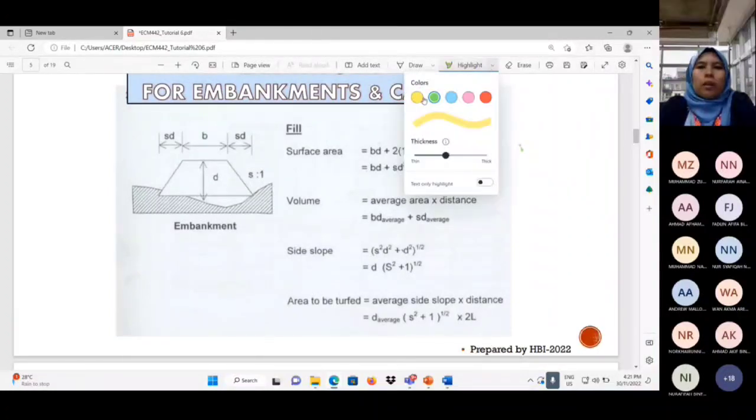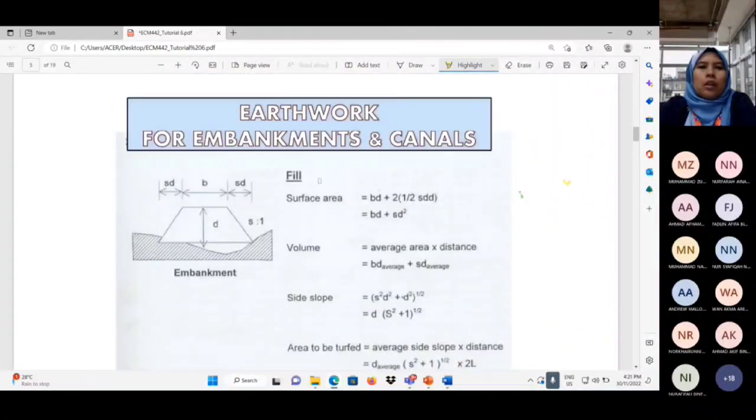Okay, but before we proceed, kita kena tahulah dia punya dimension of the embankment. So basically for the embankment here is the cross section of the embankment. Macam saya sebut tadi, bentuk trapezoid. Okay, so kalau tak boleh nak imagine, you boleh je lukis and sketch by your own. Doesn't matter as long as you can understand.